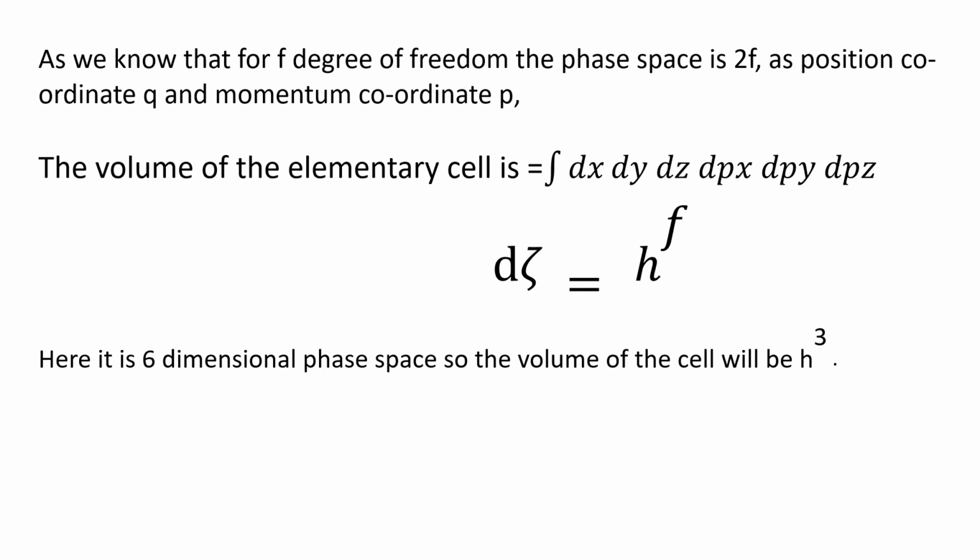From here we get d tau equal to h to the power f, and because here it is 6-dimensional phase space, the degree of freedom will be 3. So our answer will be h cube. So next, jump to our next question.